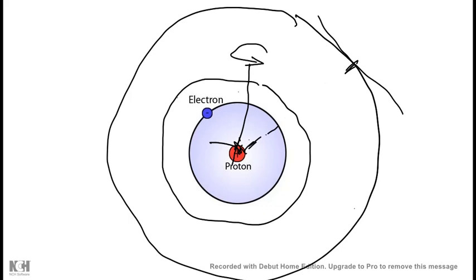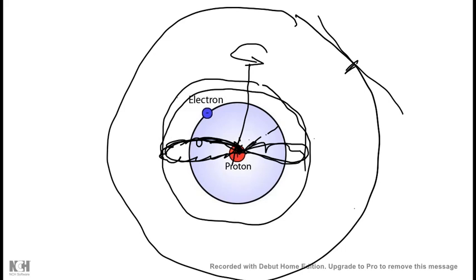But now the proton is given this kinetic angular momentum, so it's spinning round like this, and it's coming out to this limit now.